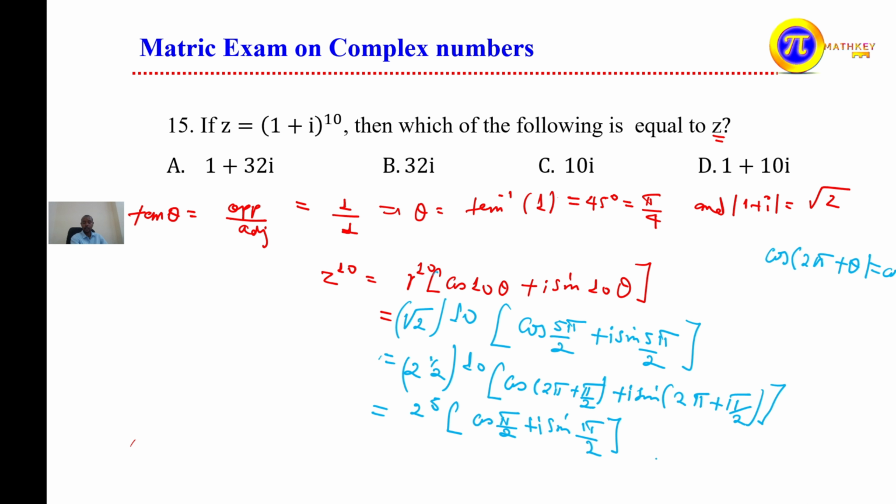Sine pi over 2 is 1. So this is equal to 2 to the power of 5 times i, which is equal to 32i. The solution for this one is 32i, the imaginary one. The real part becomes 0. So the solution for this is Choice B.